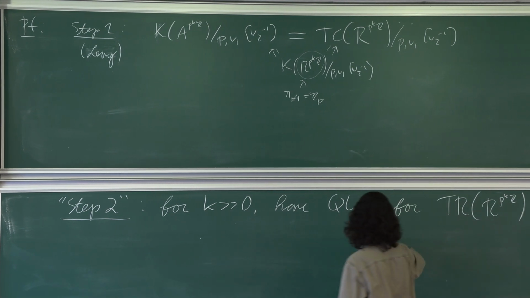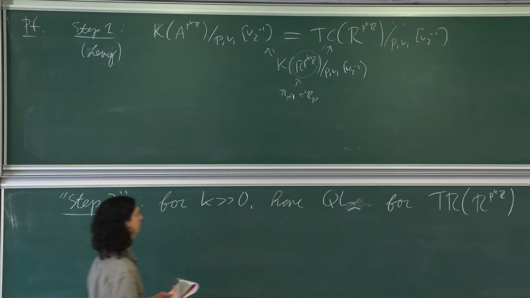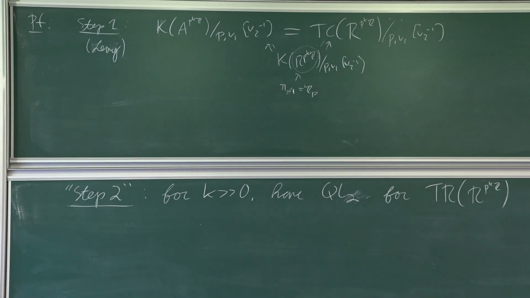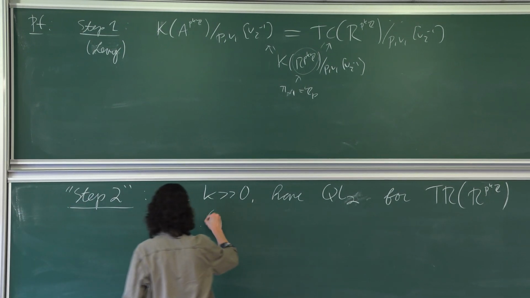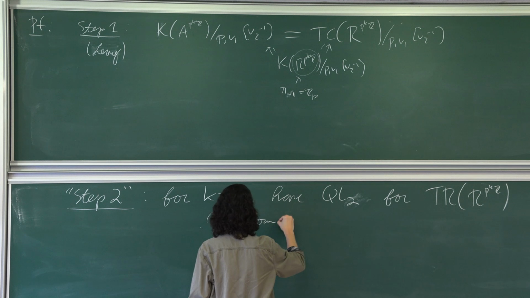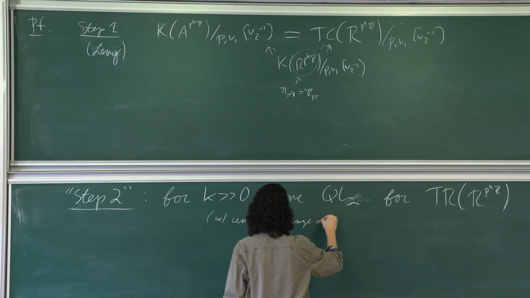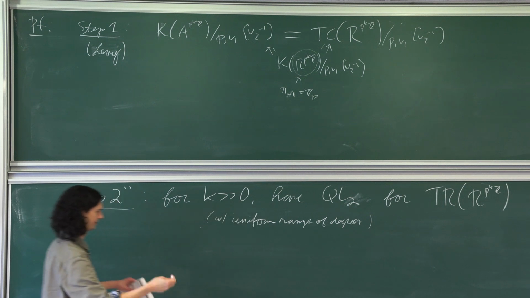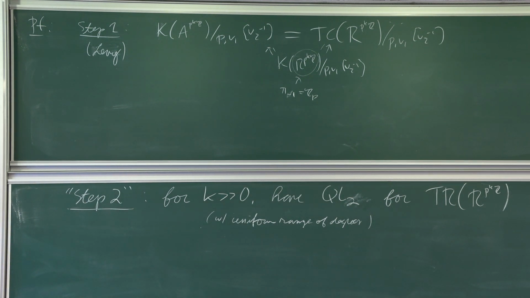I guess it's QL2 in this case, yeah. QL2 for TR R p to the kz with uniform range of degrees. So QL2 means your homotopy of something lives in some bounded range, and I want it uniform in all possible k large enough.